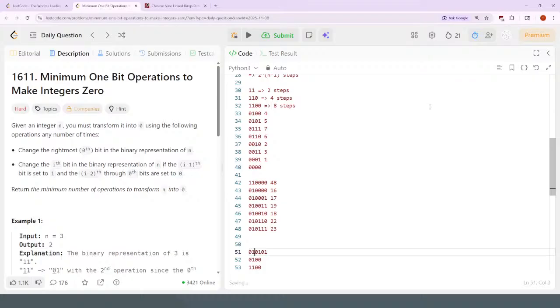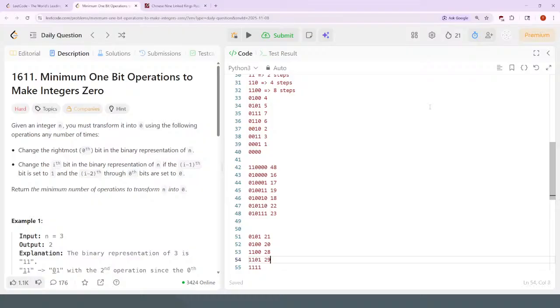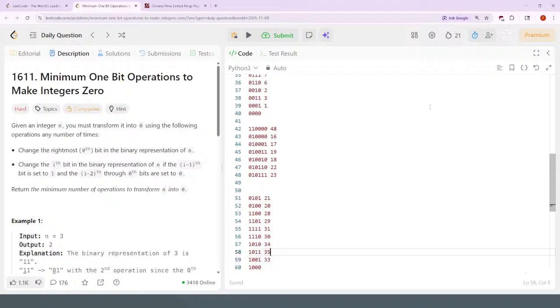Okay, there's a bunch of 0 1s in front of this. 23 down 2, 21 down 1, 20 up 8. I'm going to say 28, 29, 31, 30, up 4, 34, 35, down 2, 32.